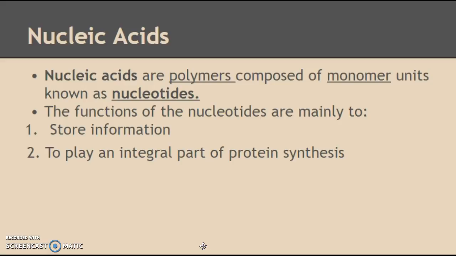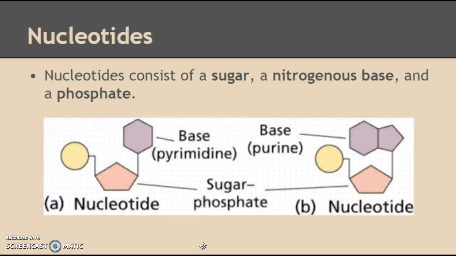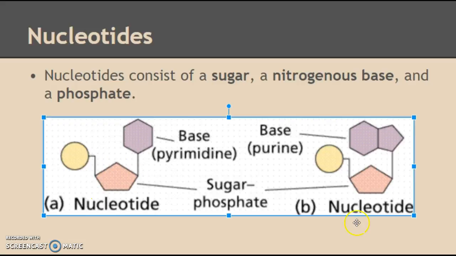Now, these are your DNA and RNA, which are located in the center of each cell. The nucleotides are always composed of a sugar, a 5-carbon sugar like we see right here, a nitrogenous base, and a phosphate. Now, there are differences in the nitrogenous bases. We'll go more into that when we talk about DNA.